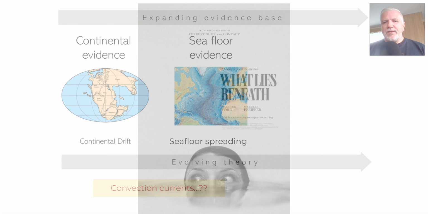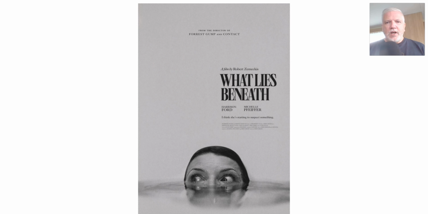But where did that evidence come from? Well, what lies beneath, we're going to see this twice, because in this presentation, in the first instance, Wegener and Holmes struggled to see what was actually happening on the seafloor.